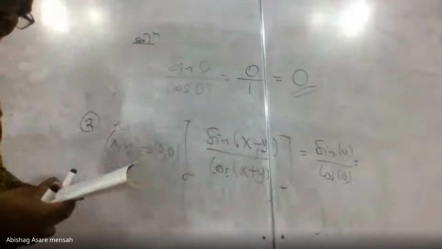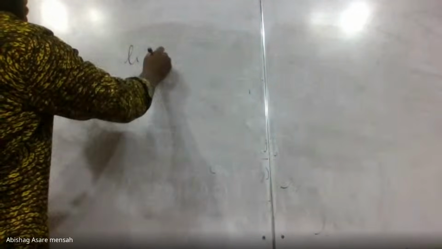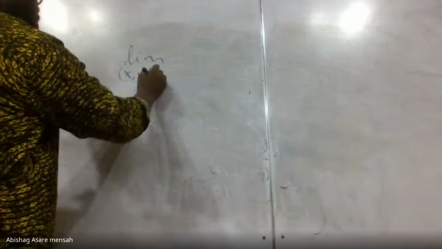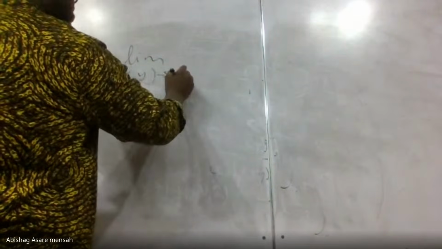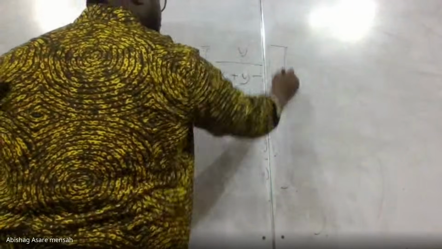Now let's move on, if there's no question. This time I have the limit as (x, y) approaches (1, 0) of half y divided by x plus y minus 1.